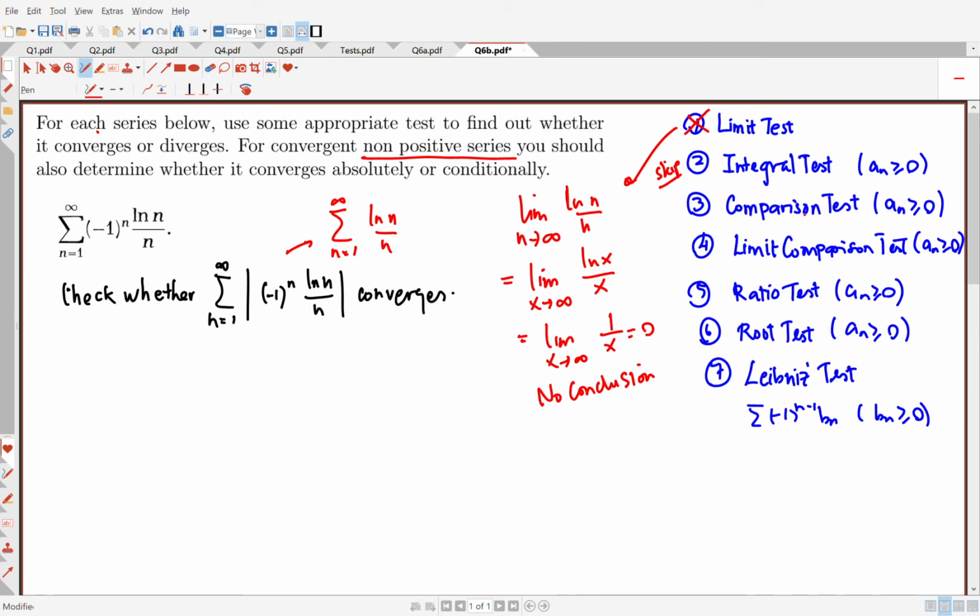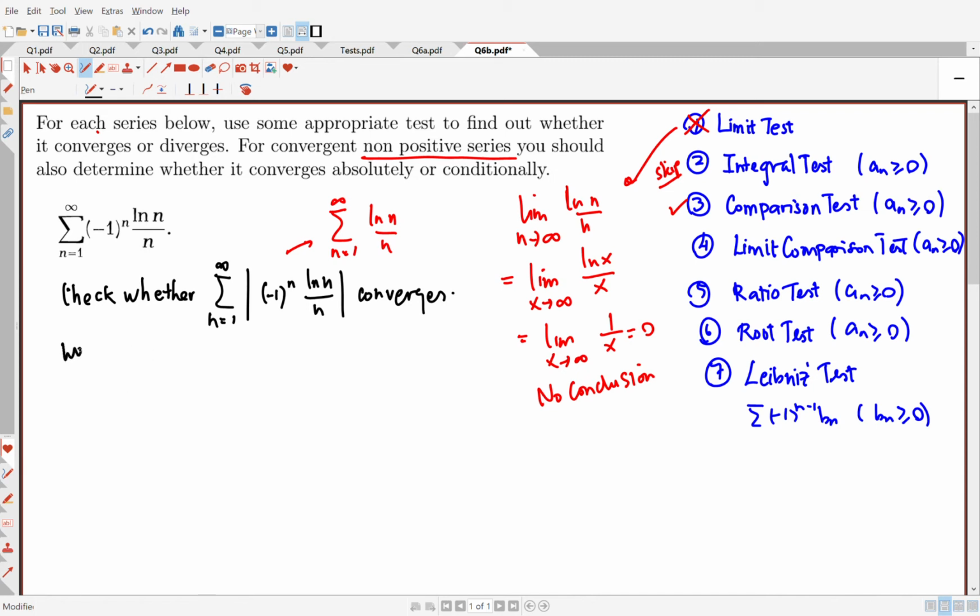But yes, we can use comparison test. To see whether you can use comparison test or not, you really need experience, because there is no rule for you to choose which sequence to compare, right? So you need to do more questions and get experience. Okay. So we will use comparison test.